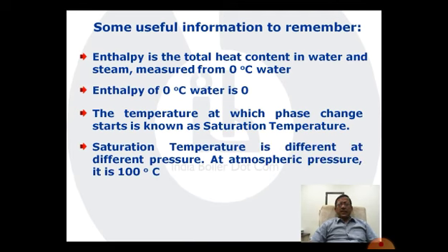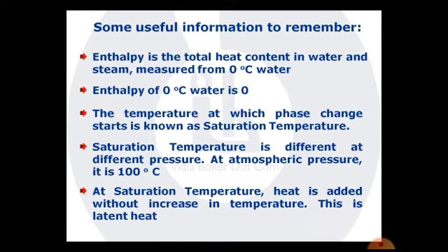And this saturation temperature is not necessarily 100 degrees centigrade all the time. It changes with pressure. Higher the pressure, more will be the saturation temperature. Under atmospheric pressure, it is 100 degrees centigrade. And at saturation temperature, when heat is added, it is added without any increase in temperature, at constant temperature. This part of the heat is called the latent heat.